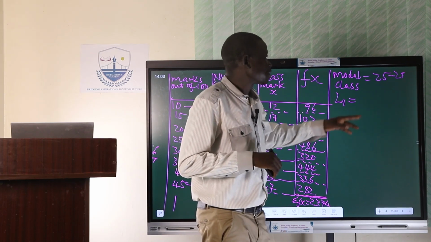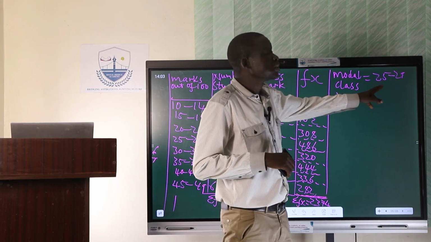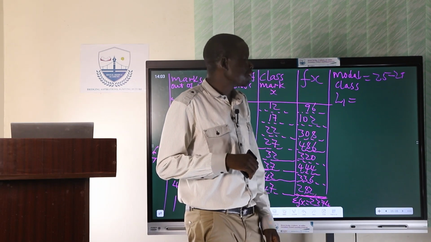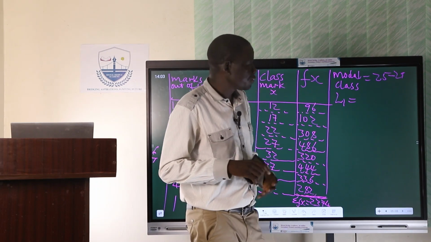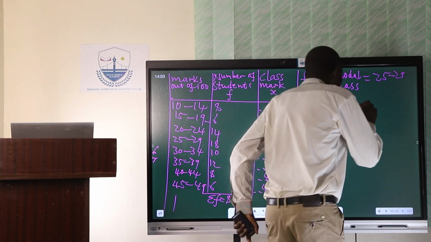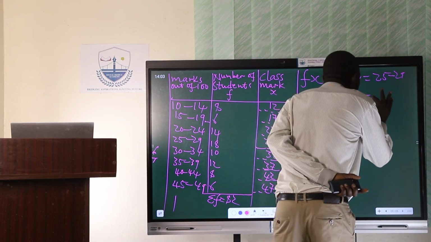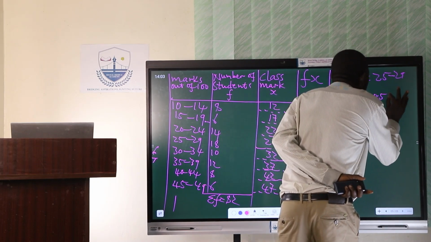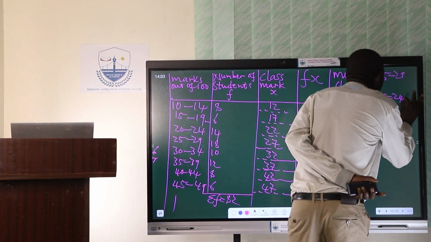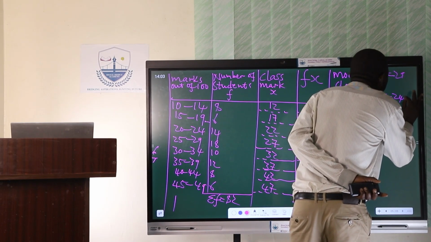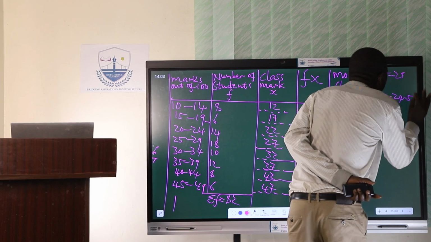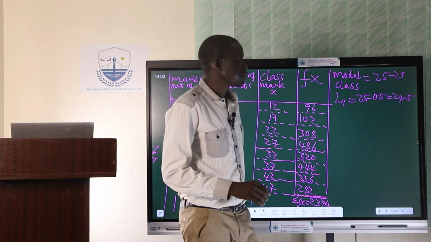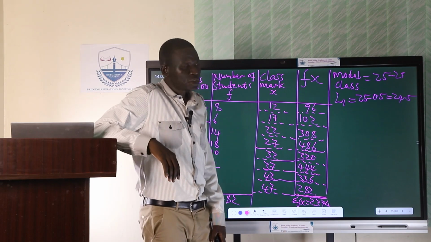In this case, our lower class limit is 25. So 25 minus 0.5, we get 24.5. So 24.5 is the lower class boundary.